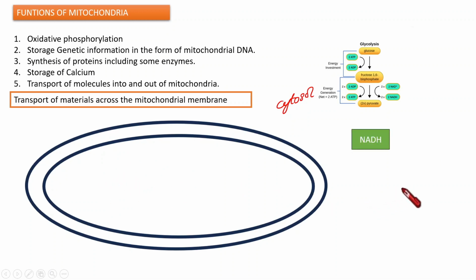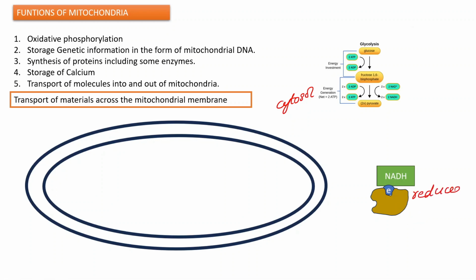There are no special transport or carrier molecules to take the NADH inside the mitochondria. So what else can be done? The only option is to take the electrons that are present in the NADH. The electrons from the NADH are transferred to some substrate, and because of accepting electrons, that substrate becomes reduced.